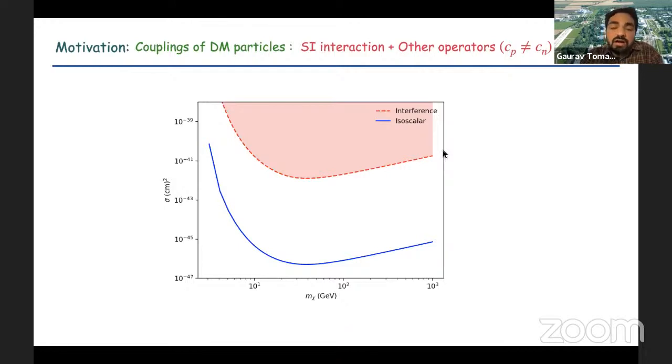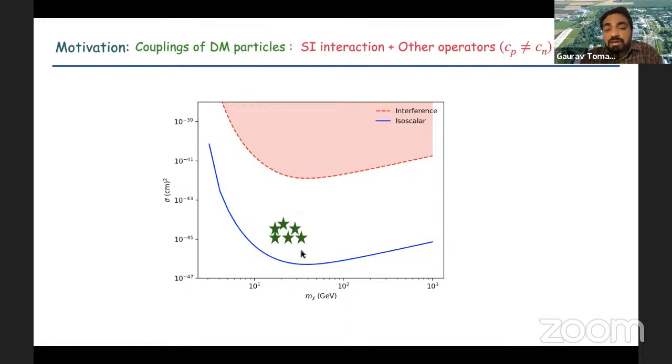Okay, there are many models where it is not necessary that both CP and CN are equal, and second, there is only one kind of interaction. They predict different kinds of interactions, but most of the time they compare their parameter space using this blue line, the isoscalar limits, and they think their model is ruled out.